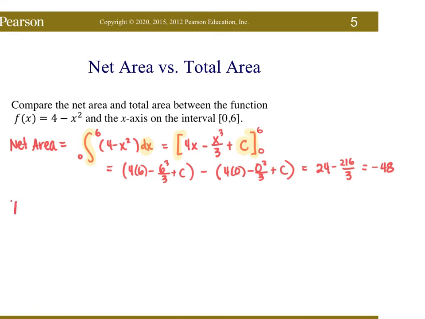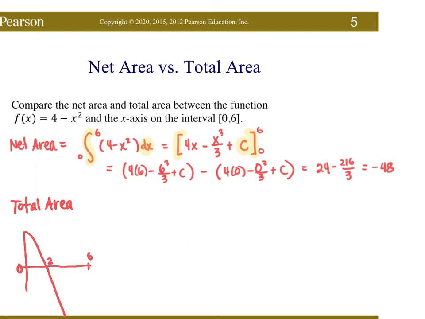For the total area, we have to partition it. And we can't partition it unless we know what the picture looks like. So we have a parabola that comes down like this. It crosses the x-axis here at 2. So we have from 0 to 2 out to 6, which goes off our screen.